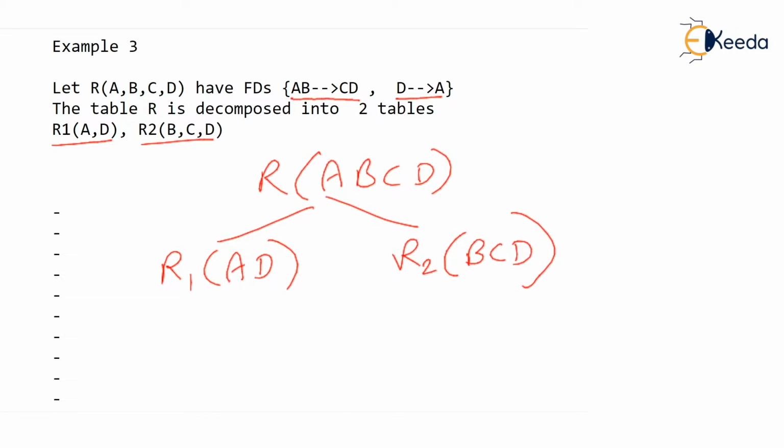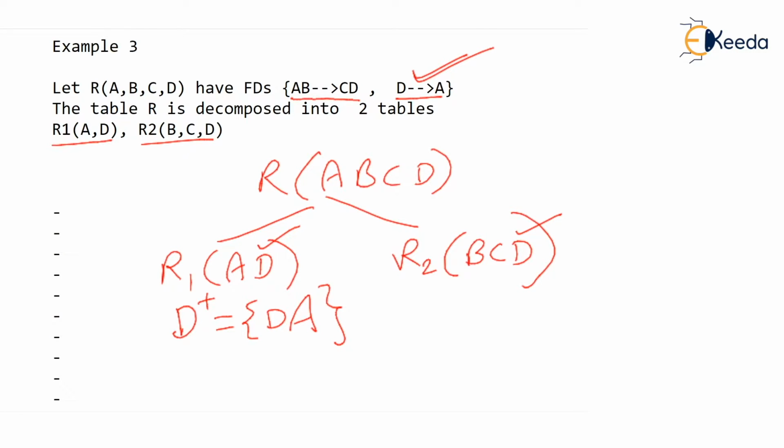Now you just check there is a common attribute D in both tables. This is the first condition for lossless. And that common attribute has to be a candidate key in one of the tables. So let's find D closure using our original dependency set. From the original dependency, D closure will contain D, and D determines A will bring in A. That is enough for R1.